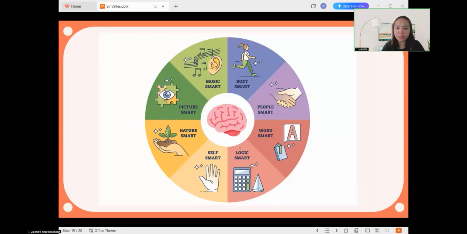Okay, now let's have the last one. We have spatial intelligence. Students who are spatially intelligent have the capacity to include mental imagery, spatial reasoning, manipulation, graphic and artistic skills, and active imagination as well, including sailors.